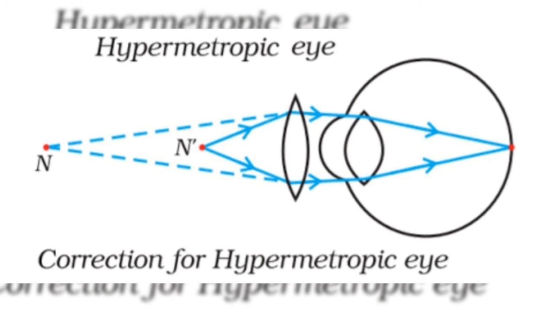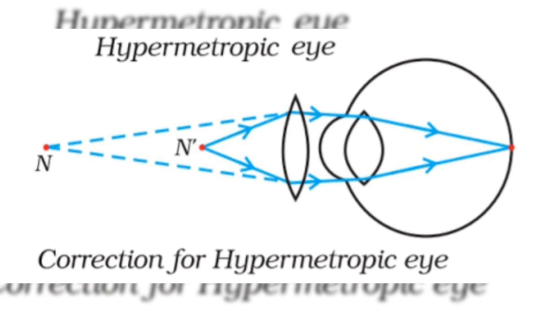Hypermetropia is corrected by using spectacles containing a convex lens. When a convex lens of suitable power is placed in front of the hypermetropic eye, then the diverging rays of light coming from the nearby object are first converged by this convex lens.